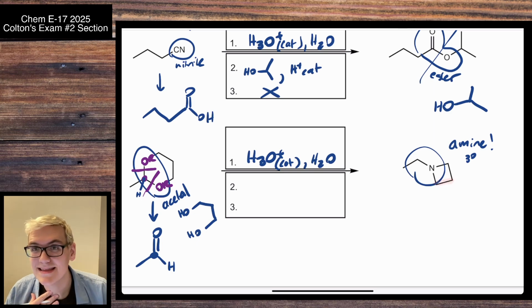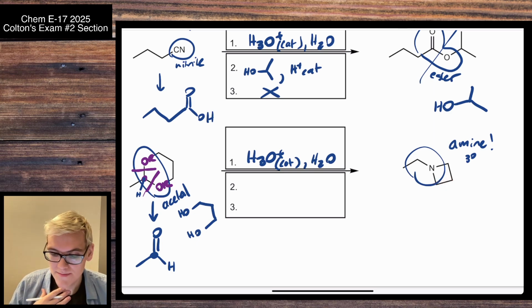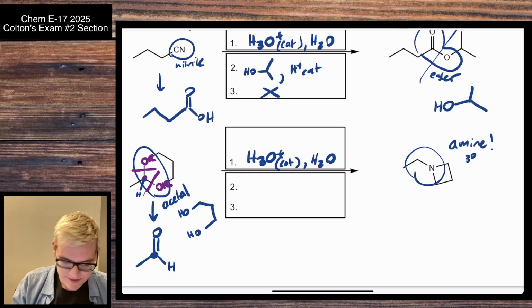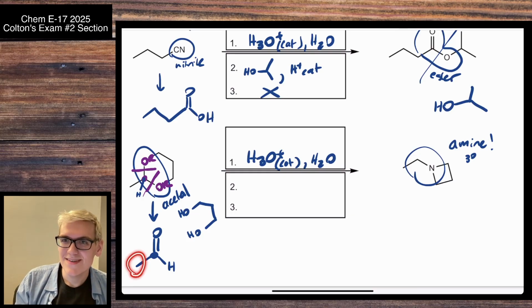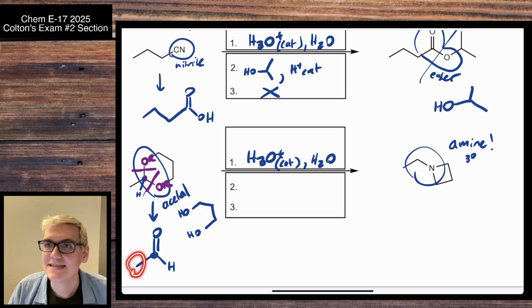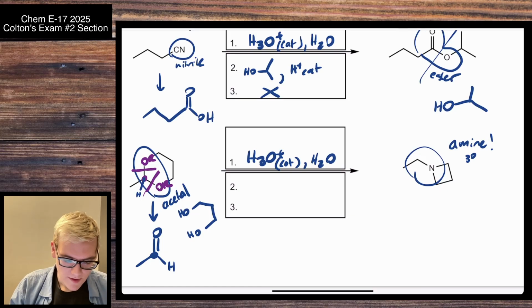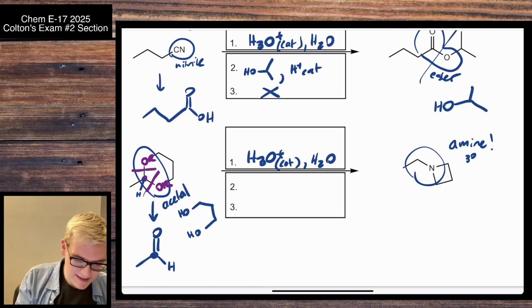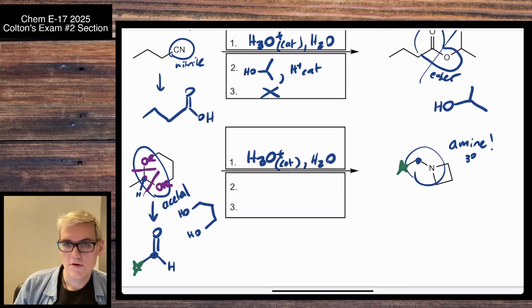It seems less likely to me, mostly just because we would have to do some bonds with this methyl on the end, and we don't really know any ways of making a methyl more reactive right now. So that makes me think that this methyl all the way over here on the end is going to be this methyl. And this carbon was our carbonyl carbon.